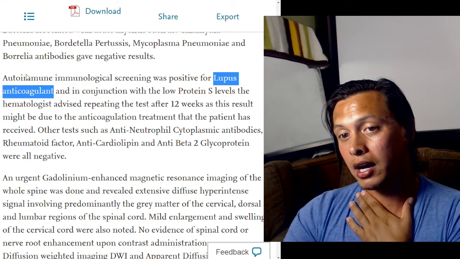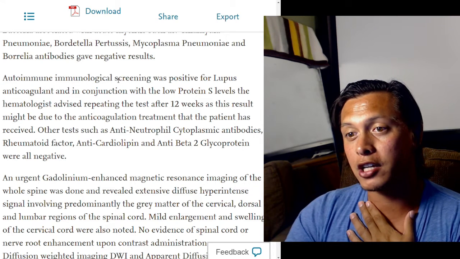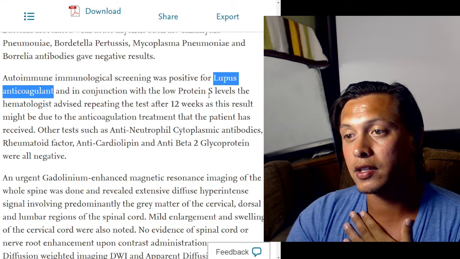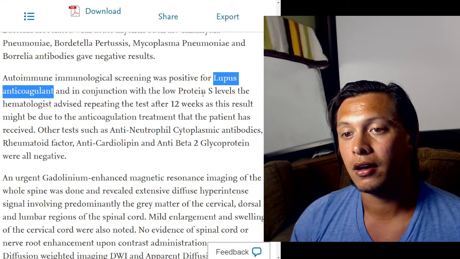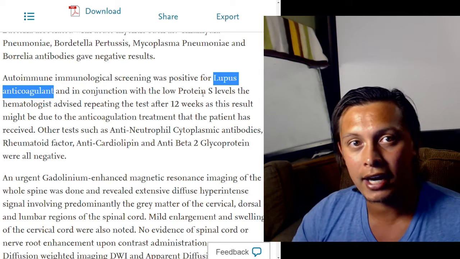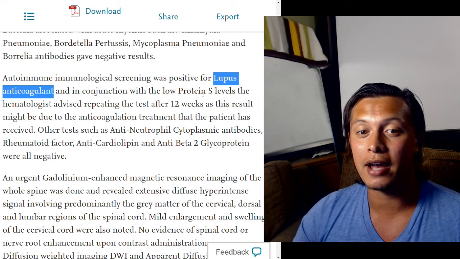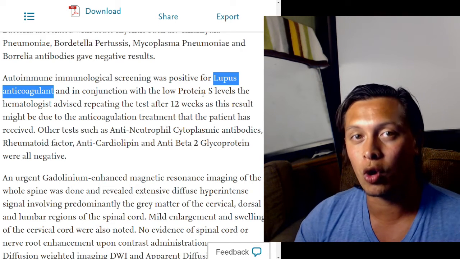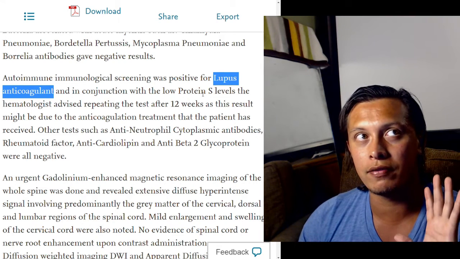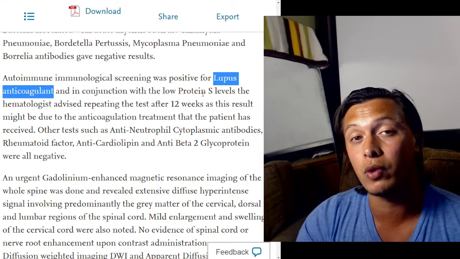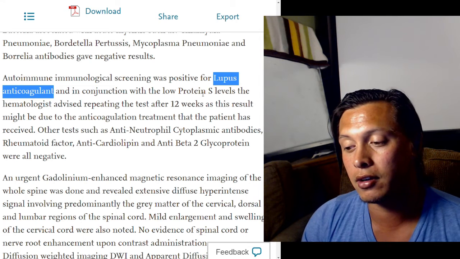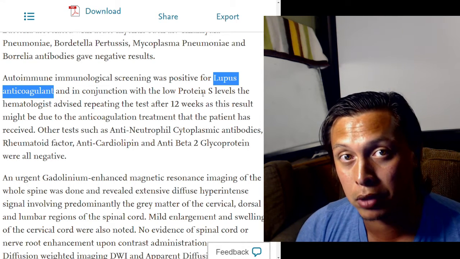It is a general term for an antibody that your body makes that attacks something in your body, presumably one of the hormones or proteins involved with blood clotting, and it interacts with it in a way that makes it more likely for your blood to clot.